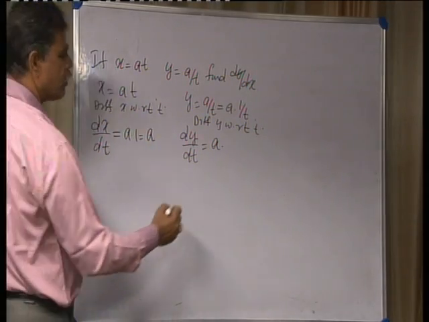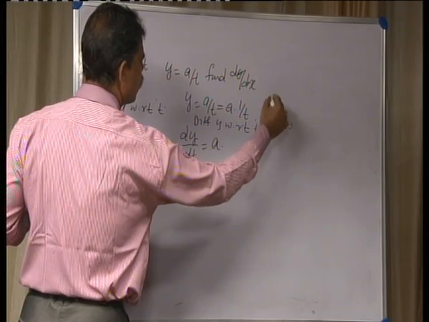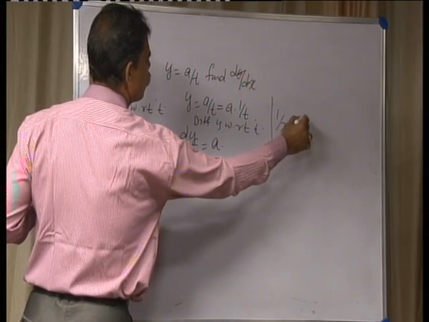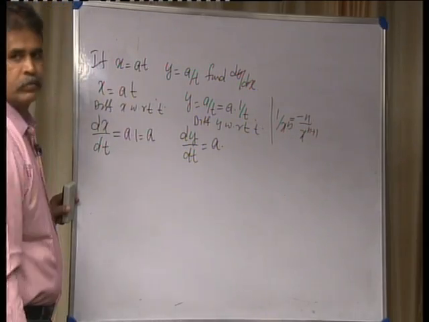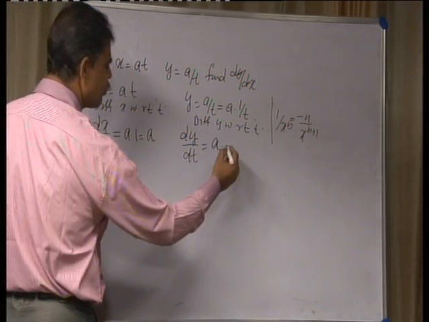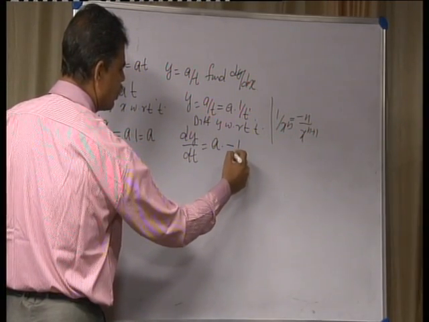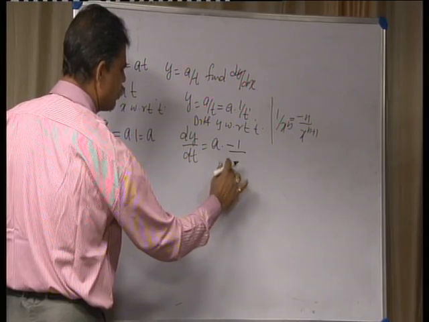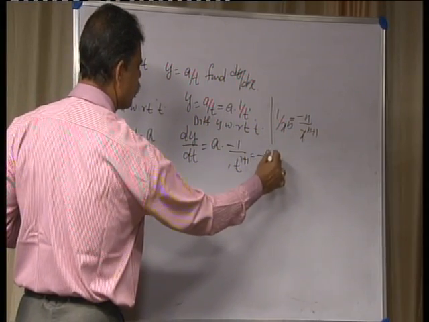The derivative of 1 by function to the power of n is minus n by function to the power of n plus 1. So, according to that it will become minus, what is the power? Power is 1, so minus a divided by t to the power of 1 plus 1.